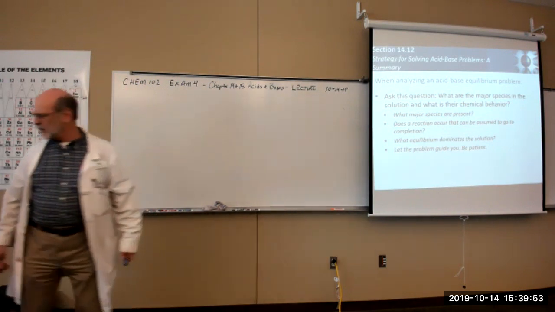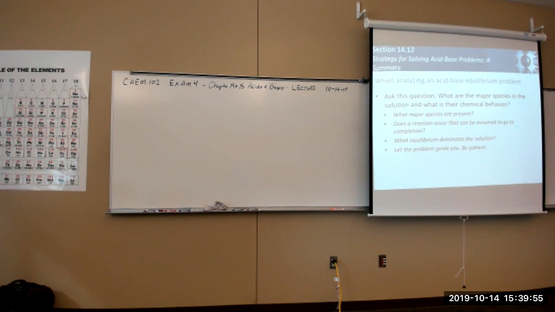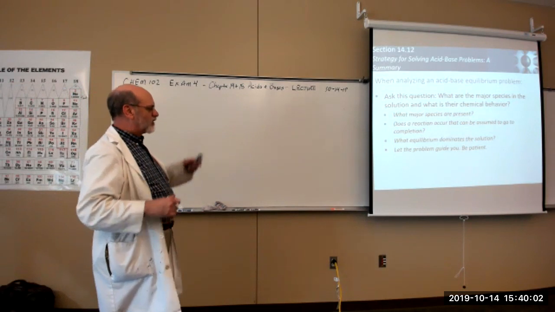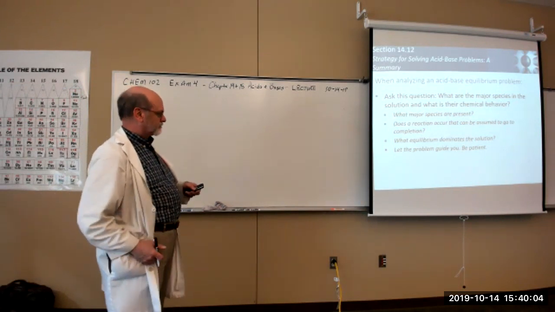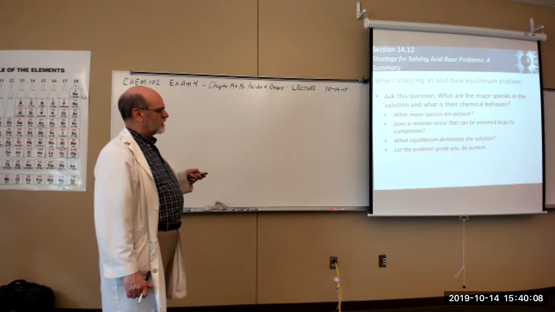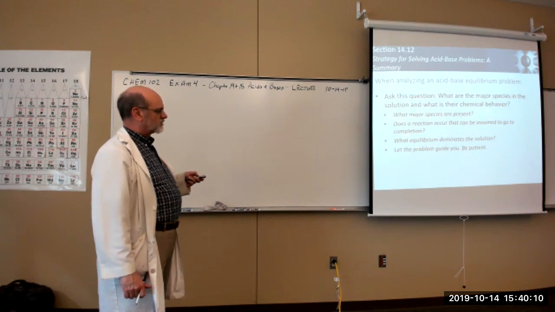Okay. So this is just a summary. And we've already covered it in detail, really. You just need to know what the major species are, does the reaction occur, and what equilibrium dominates the solution.